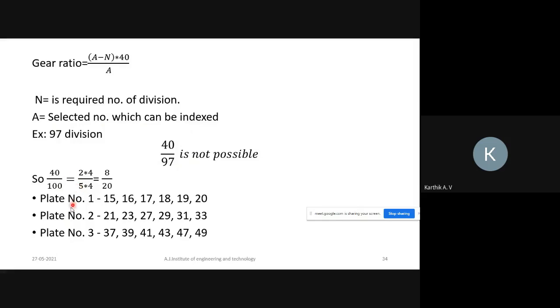Then this is a plate number. Which plate number can you match with this denominator value? Any plate number is possible.